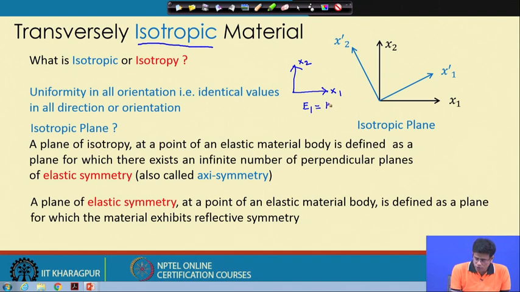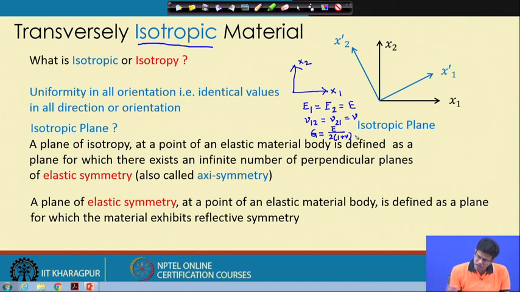We know this from our basic knowledge of isotropy. So nu 1 2 is essentially nu 2 1, which is essentially nu, and the shear modulus is not independent; it is E by 2 into 1 plus nu.